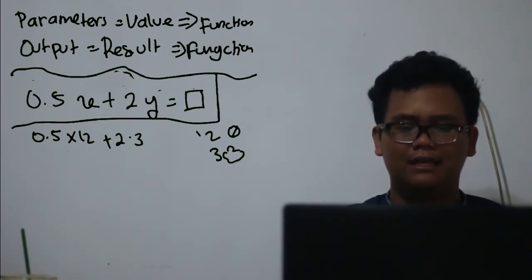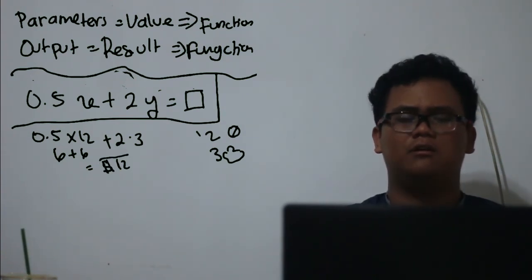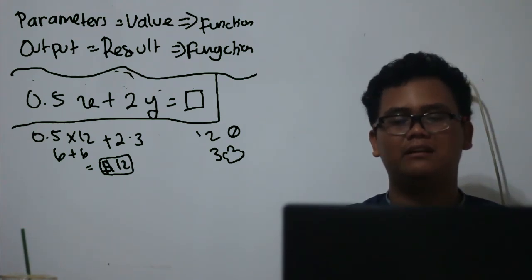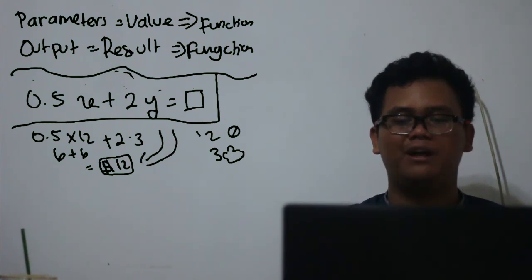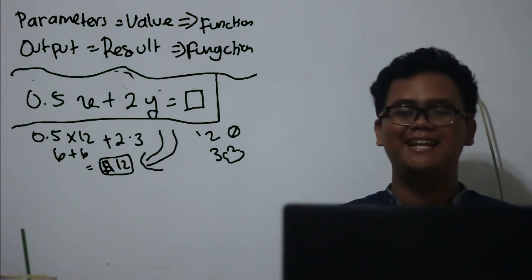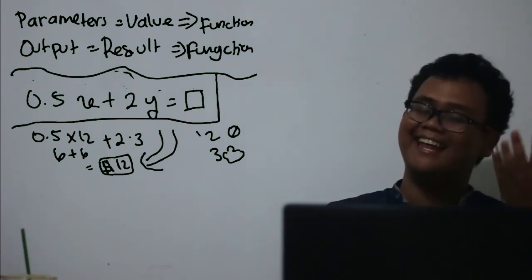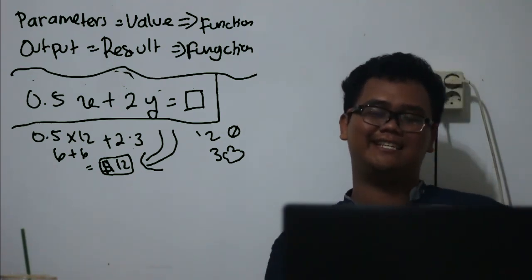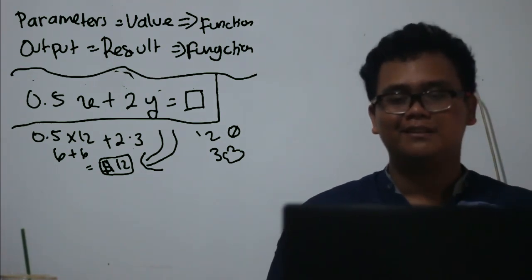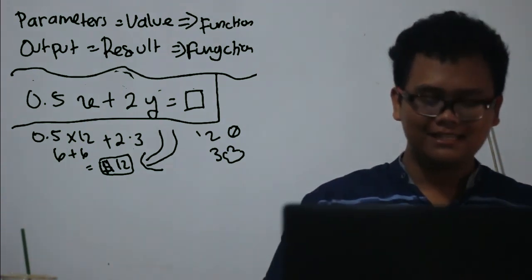Then we get a result like 6 plus 6, which means $12. This is the output. My sister and my mother must spend $12 so they can buy me some drugs and some cups of coffee. Okay, so this is it.